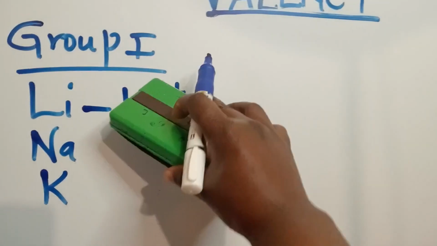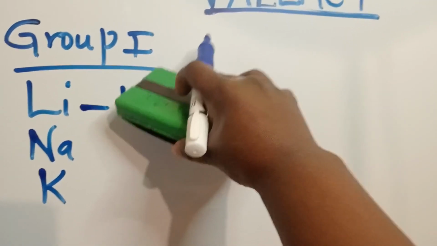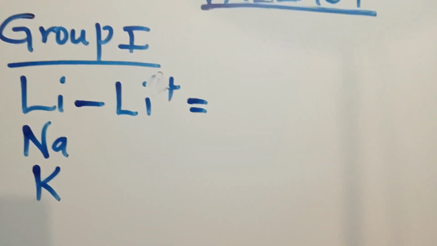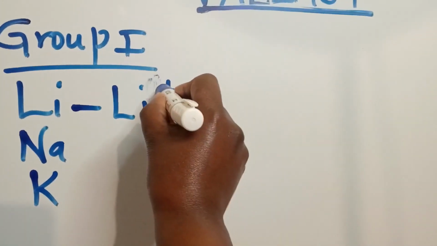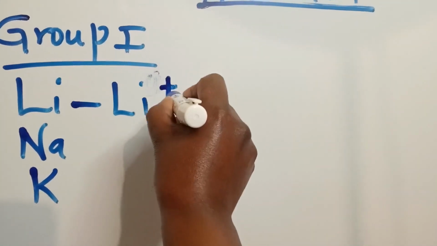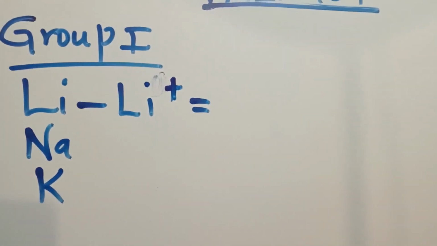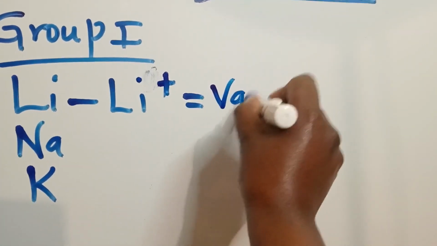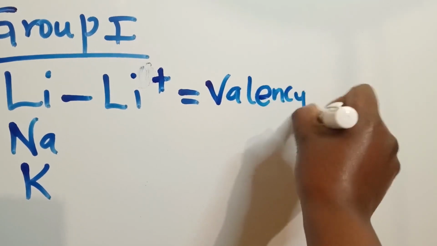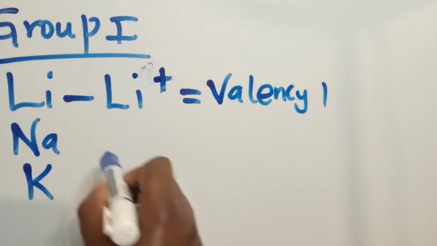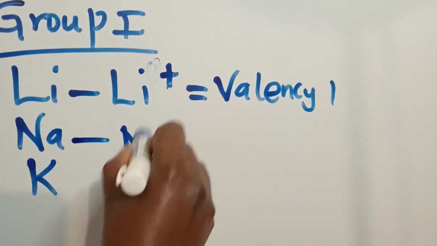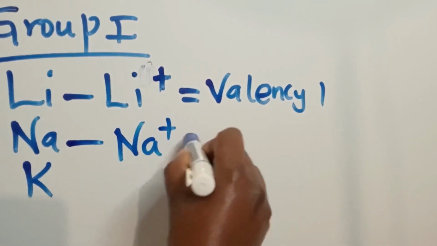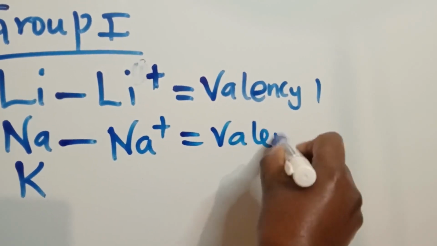Though we don't write the 1, we usually omit the 1, so it remains as capital L, small i, and a positive. The valency is 1. Sodium forms sodium ion, again with the valency 1.